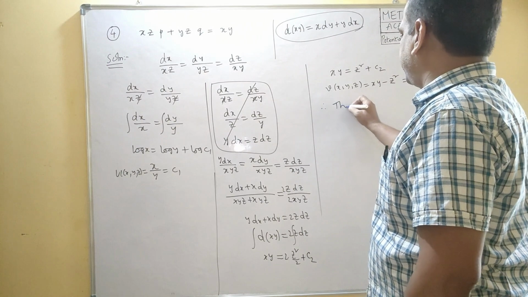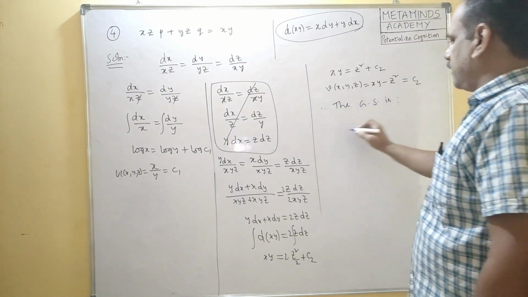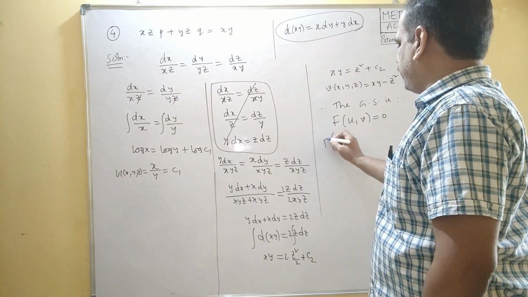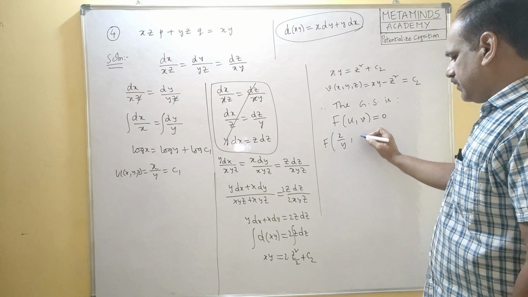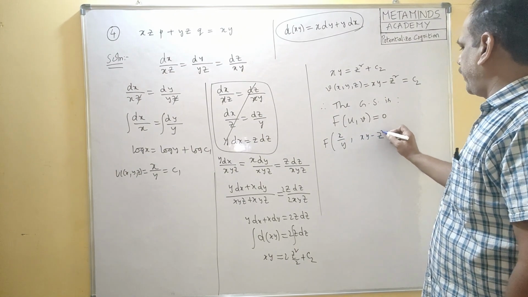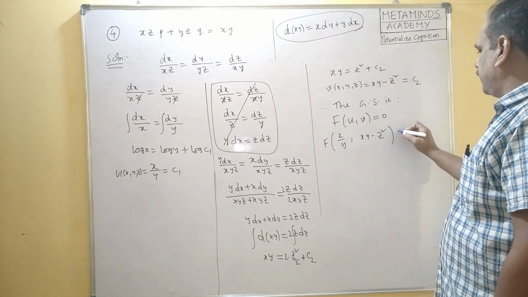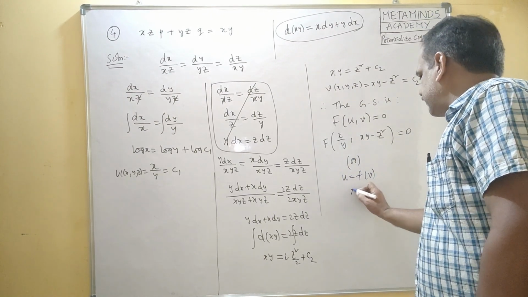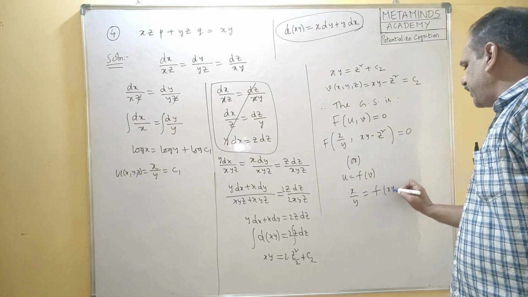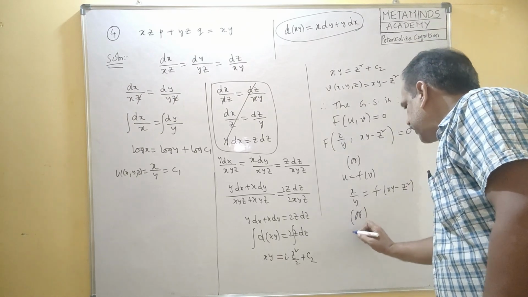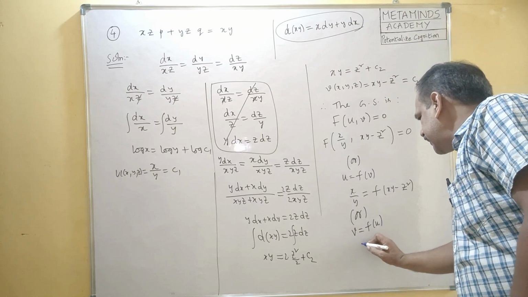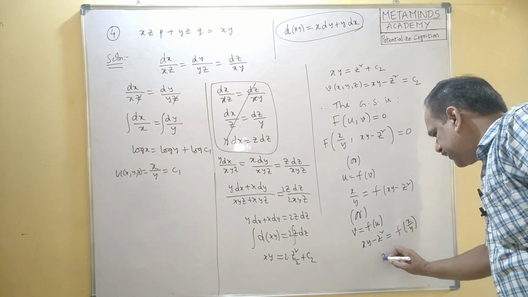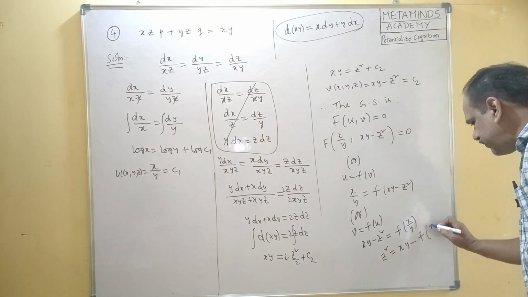Therefore, the general solution is f of uv equal to 0, that is f of x by y comma xy minus z square equal to 0, or you can also write u equal to f of v, x by y equal to f of xy minus z square, or you can also write v equal to f of u, like xy minus z square equal to f of x by y, or z square equal to xy minus f of x by y.